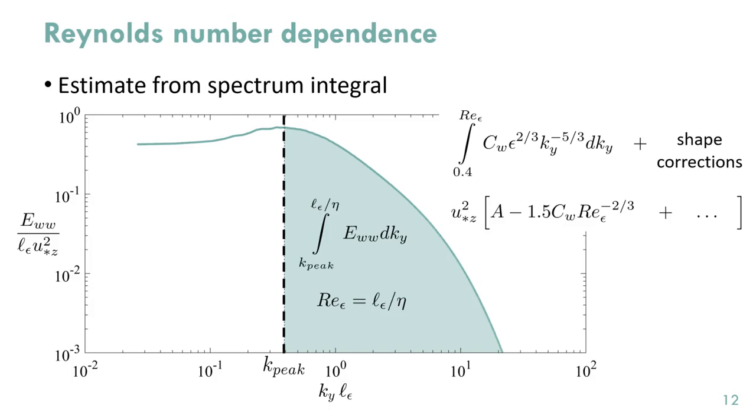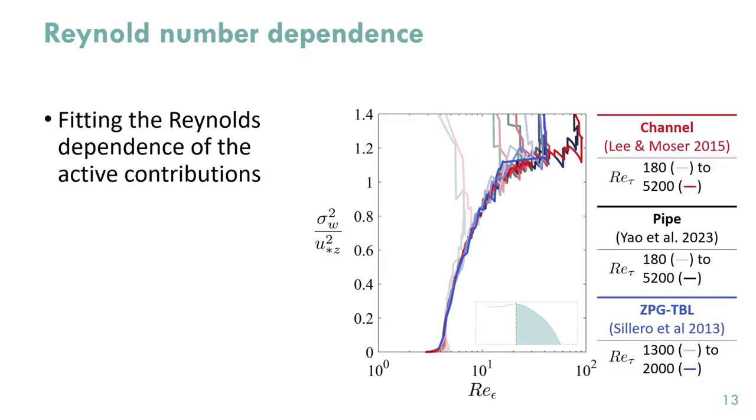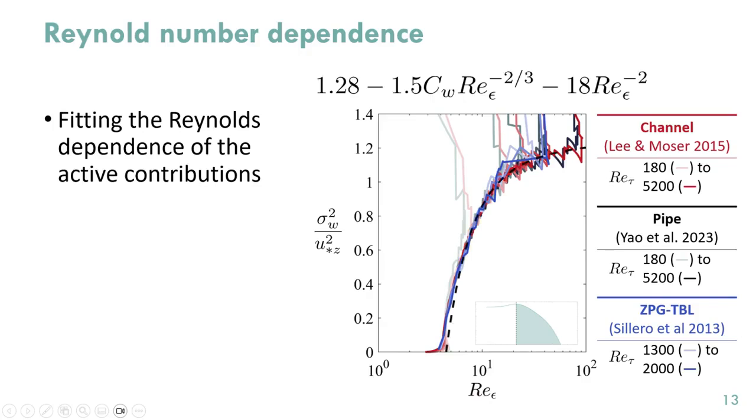Here, what I'm doing is showing the integral in the high wave number portion of the spectrum for all of the different flow cases at all of the Reynolds numbers, and I'm plotting it as a function of the local Reynolds number based on the dissipation rate and that separation of length scales.